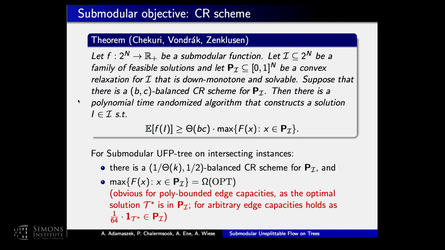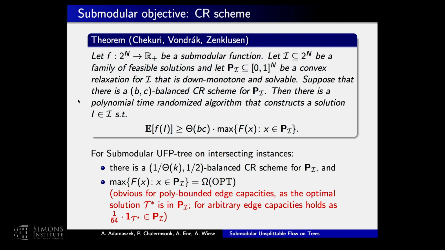So what do we get here? We know that we have the balanced contention resolution scheme. We know that the maximum of this function F is of the order of opt. How do we get it? Because if we have polynomially bounded edge capacities, then the optimal solution belongs to the polytope.